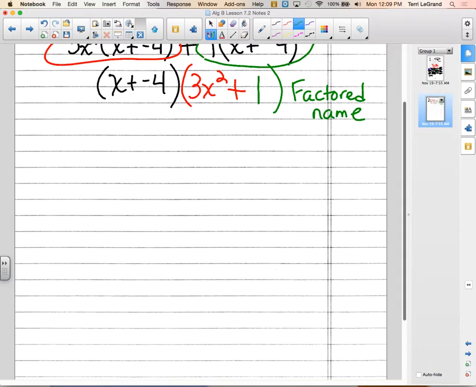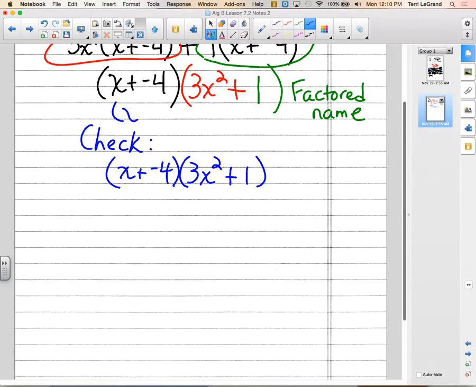But because you're getting out of all the work and doing a lot of dividing in your head, what are we going to do to verify that we have a good factored name for our 4-term polynomial? We're going to do a check problem. We're going to make sure that it multiplies back to the 4-term polynomial. Oh, by the way, we didn't get that cleaned up yet. What would its cleaned up name be?